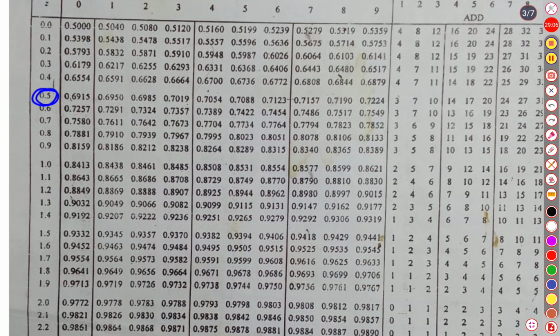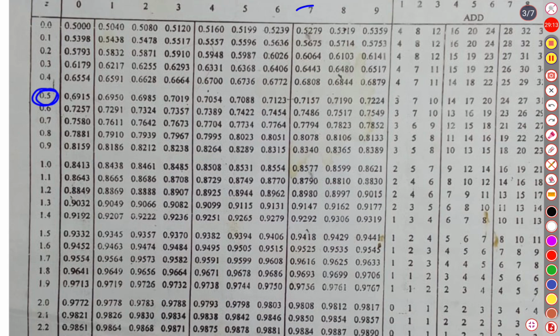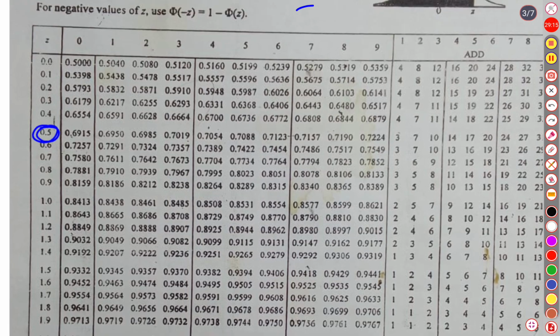The column is 7, and the final column is 0.57. Then we actually require 0.571, and as there is no such column, we can take 1 if we round it to 3 significant figures.